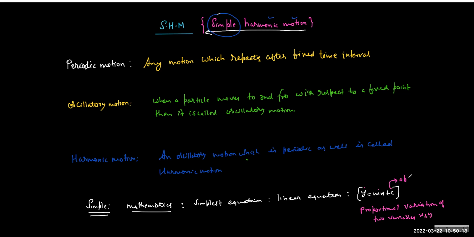C is called the offset. C means I want to start from some value instead of starting from zero. When you start from something other than zero, we call it an offset. Adding a constant will not affect the proportionality. It is still proportional with some offset. That is the physical meaning of a linear equation.